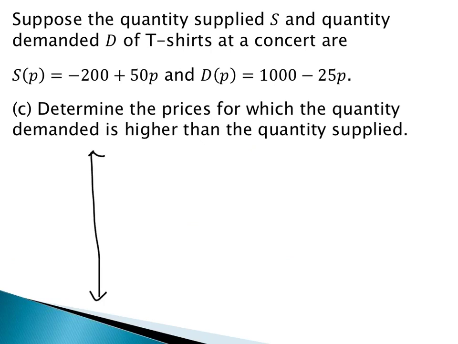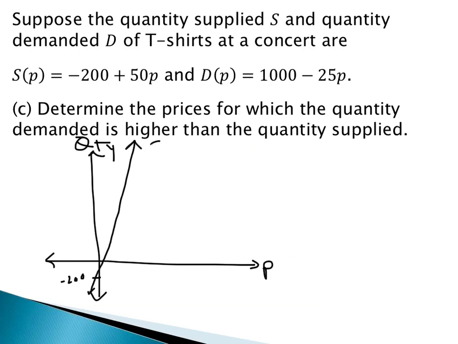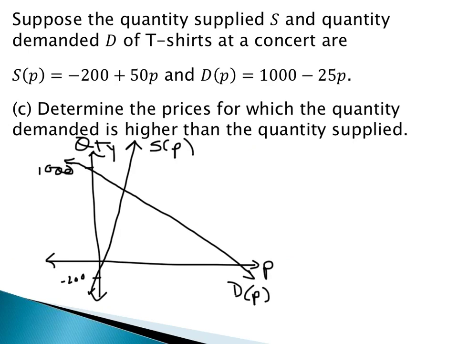Now there's another kind of question they can ask. So very quickly, go ahead and sketch your two curves again. And what they are asking, hit pause if you need more time for that.